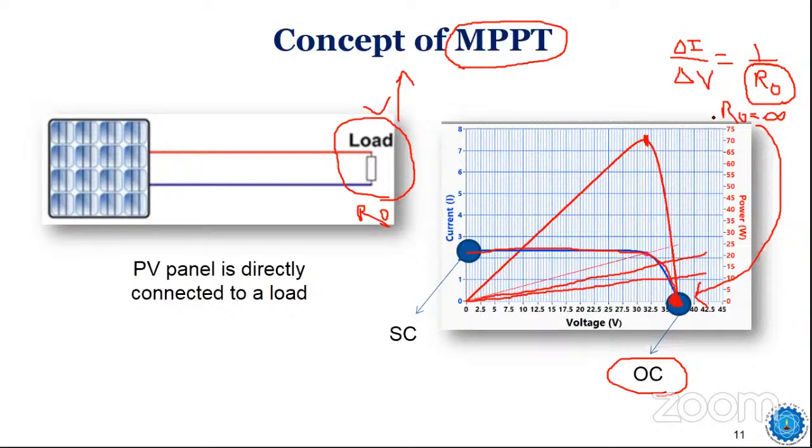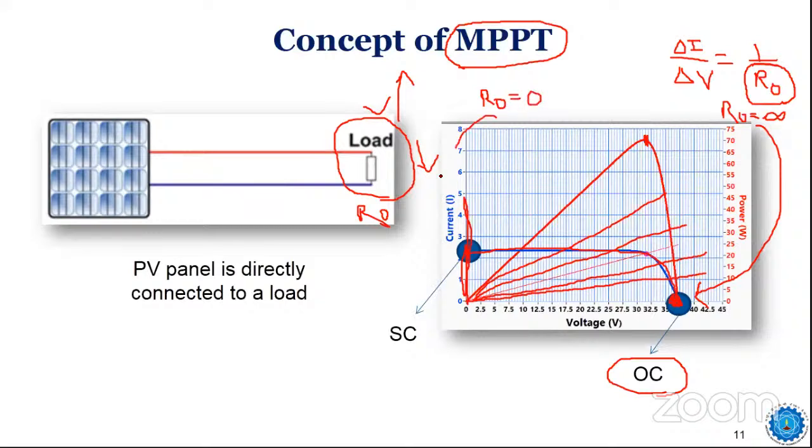Similarly, if I gradually reduce the resistance or the load value, you will see the load line shifts to a new point on the left side. As it meets the y-axis, at this point your resistance is at its minimum, or you can say R naught equals 0, because you can see that voltage is 0. Current is there, but voltage is 0.